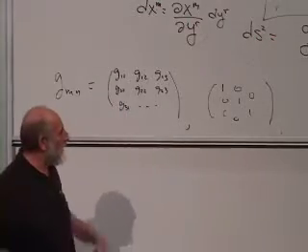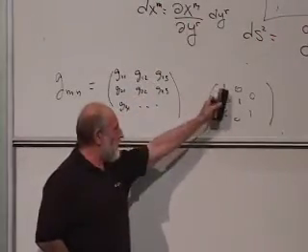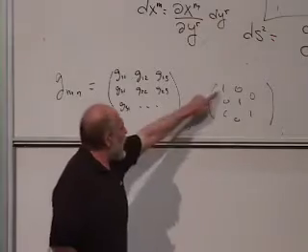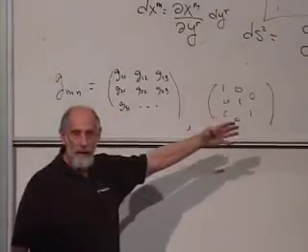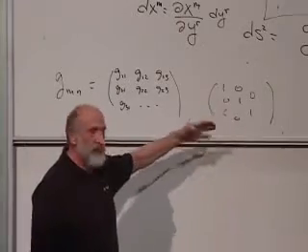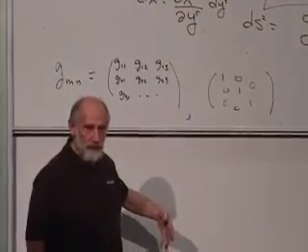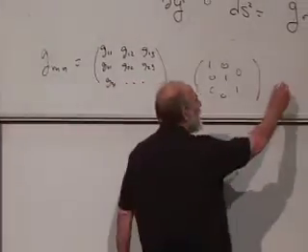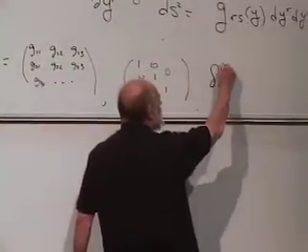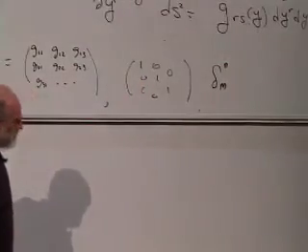The unit matrix is the matrix in which every component is either 0 if m is not equal to n, or 1 if m is equal to n. In other words, it's the matrix representing the Kronecker delta symbol, delta mn.